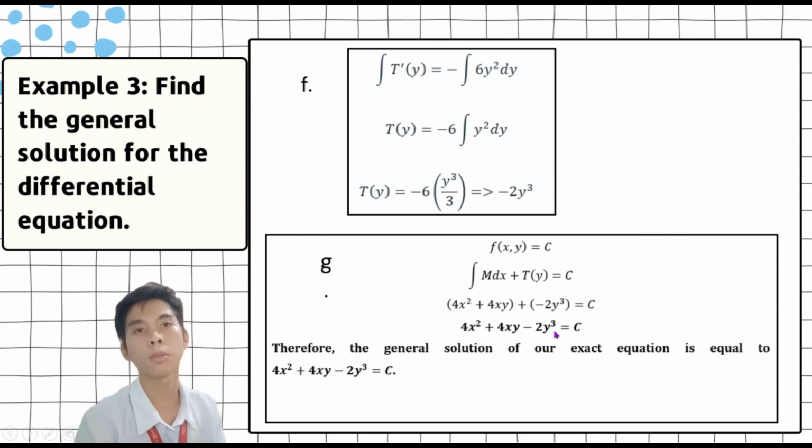Therefore, the general solution of our exact equation is in this form: 4x squared plus 4xy minus 2y cubed equals c.